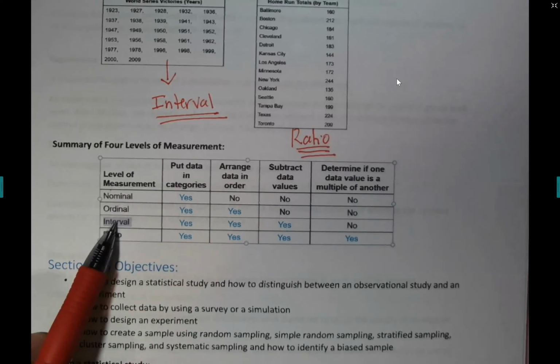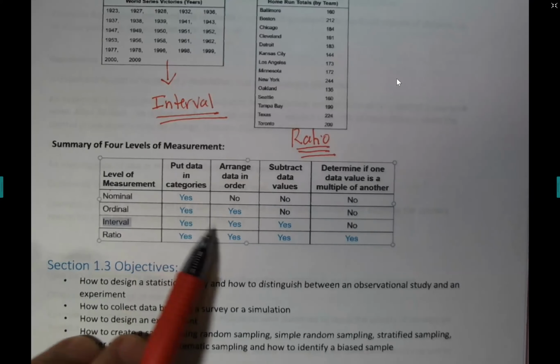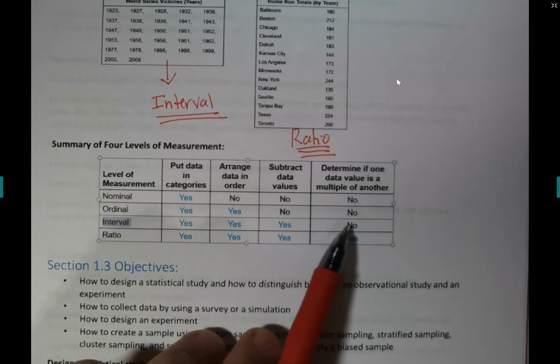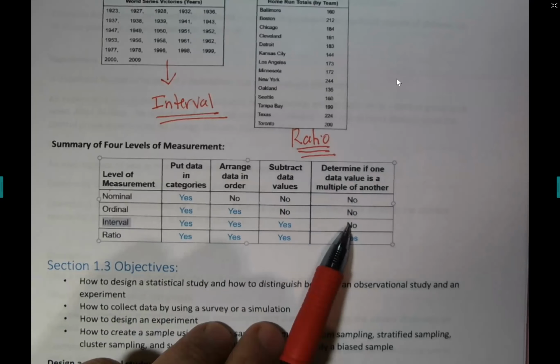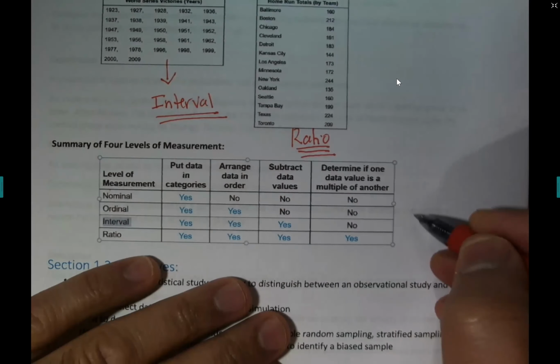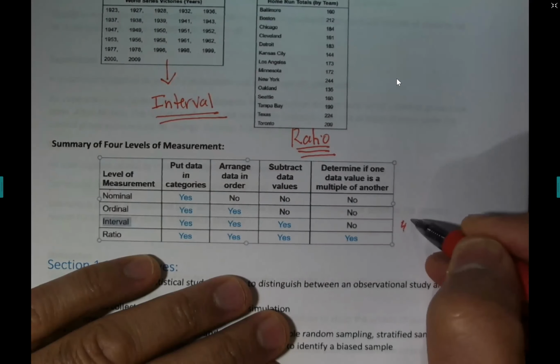Then interval, it's quantitative. It's a number. You can arrange data in order. You can subtract, but you cannot say one value is a multiple of another. And I'm going to give you an example why. Okay, let's say, guys, the temperature in Detroit now is 40 degrees.